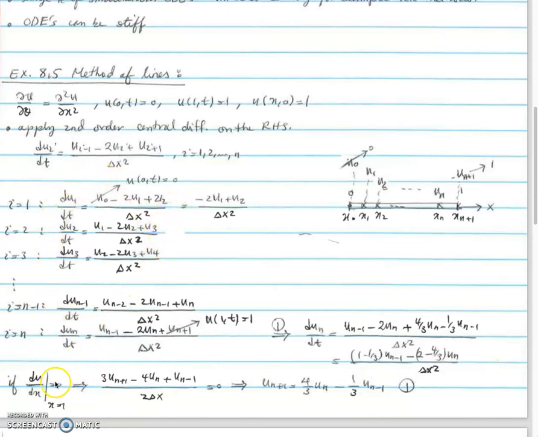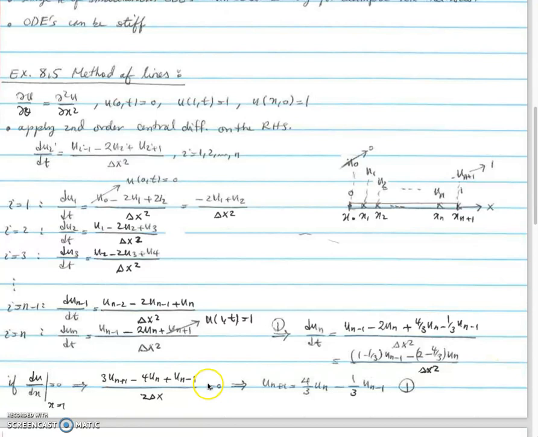Let's use our old technique of backward difference on this boundary condition. From page 83, or from problem 1 of the same homework, you realize that the backward difference version of this, written for the last boundary point, can be discretized to 3u(n+1), which is the last point, minus 4 times the point before, which is u(n), plus u(n-1), the point right before u(n).